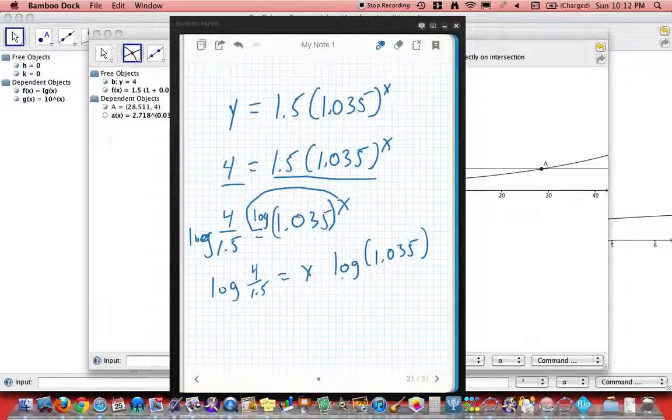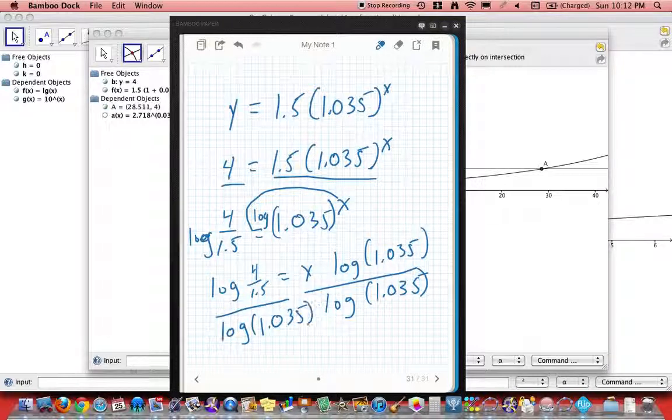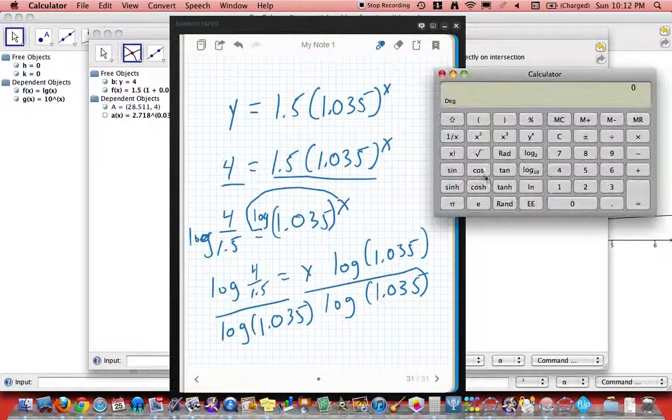I can divide both sides by the log of 1.035, and all of a sudden x is equal to the log of 4 over 1.5 divided by the log of 1.035.